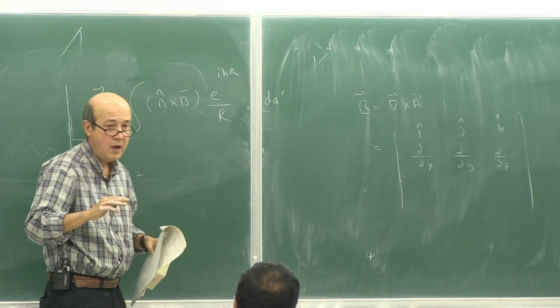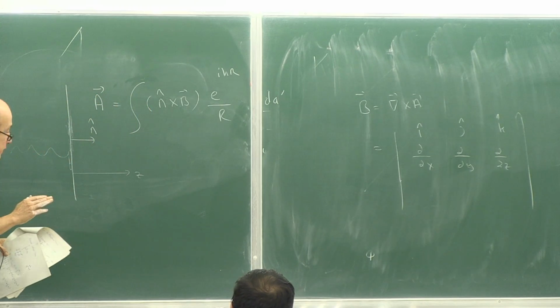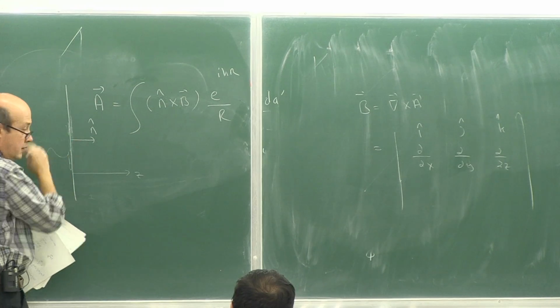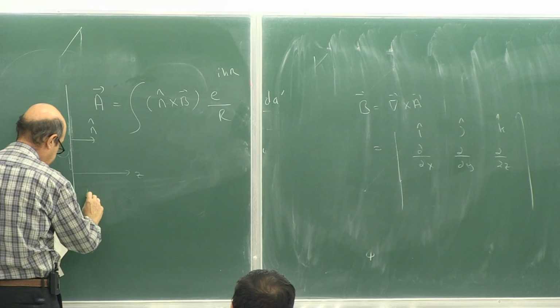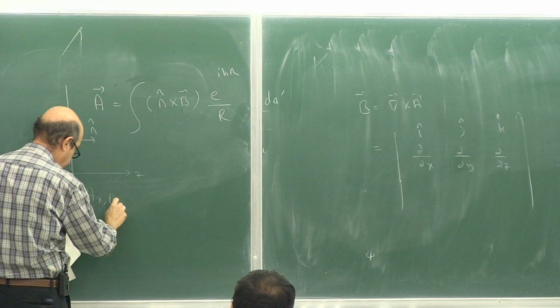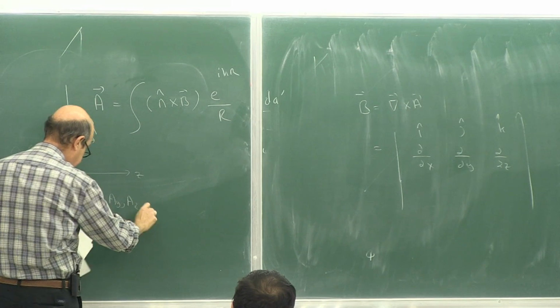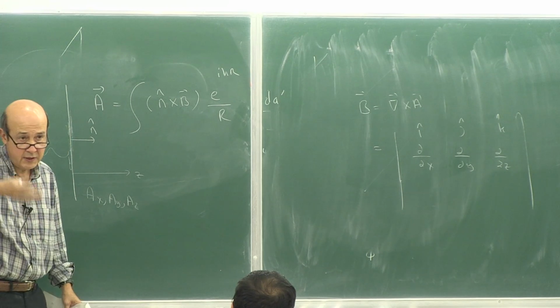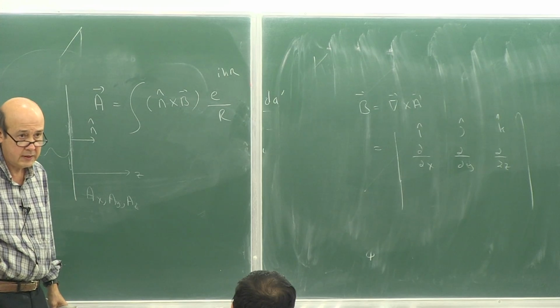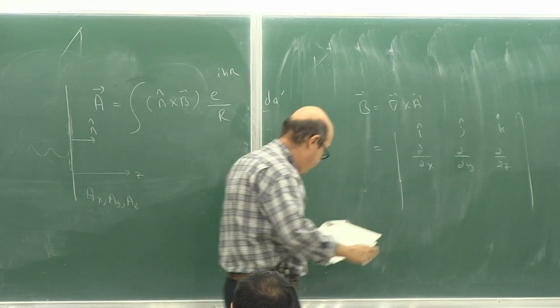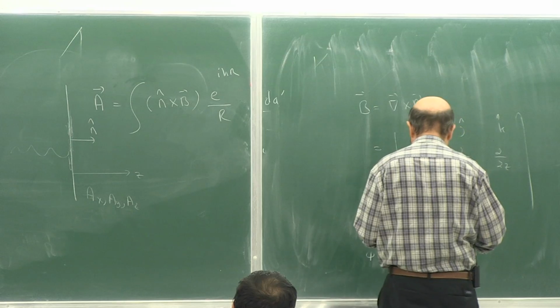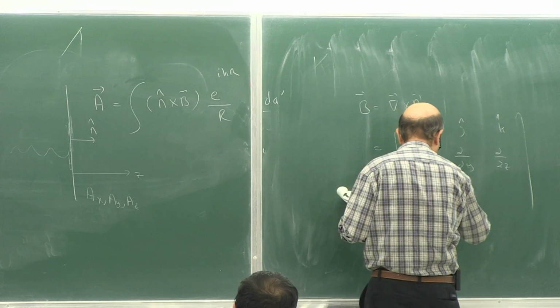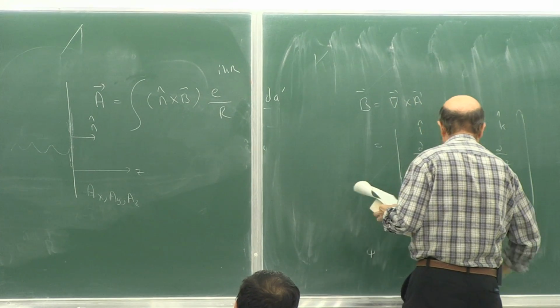A. How many components of A are surviving here? Look at here. How many options do you have? Ax, Ay, and Az. So Az is 0 because the vector potential is parallel to the current density. That's the reason. So you have only Ax, Ay, and this is 0.